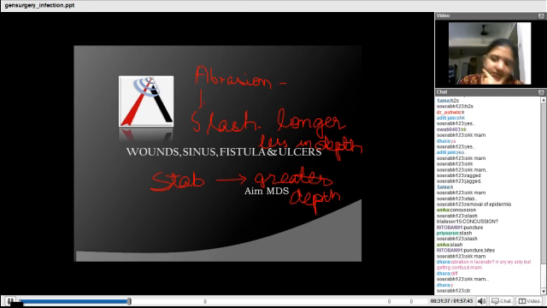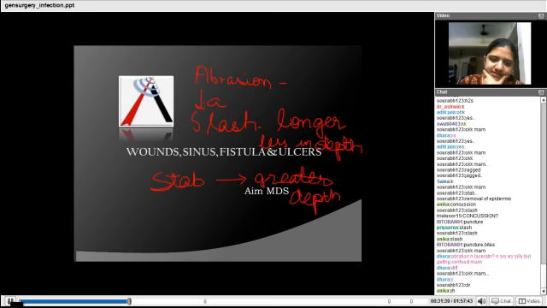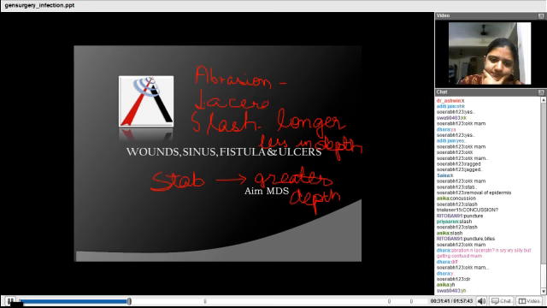Yeah. Now, the difference between an abrasion and a laceration. In abrasion, do we have any break in tissue continuity? Forget about whether it is a sharp object or blunt object and all that.